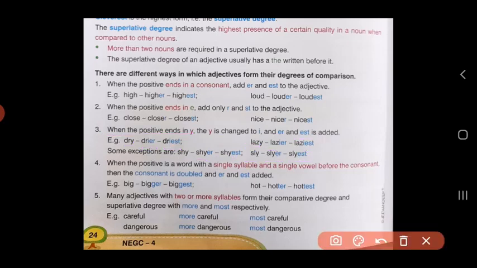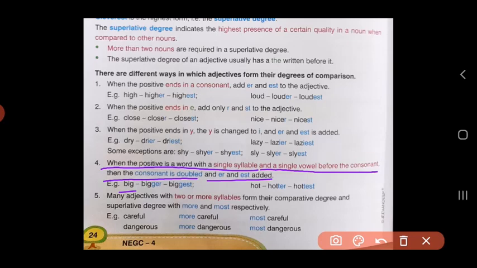Fourth one, when the positive is a word with a single syllable and a single vowel before the consonant, then the consonant is doubled and then we add ER and EST. For example, big. Here, if you see, there's a single vowel I before the consonant G. What will I do?